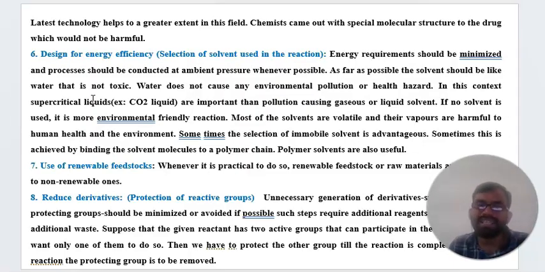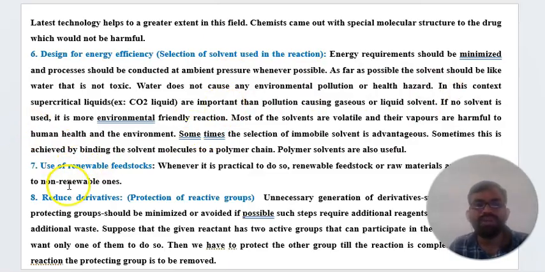So reactions using water as a solvent can be implemented as green chemistry, following the green chemistry principles. Sometimes the selection of an immobilized solvent is an advantage, achieved by binding solvent molecules to a polymer chain. So polymer solvents are also useful.